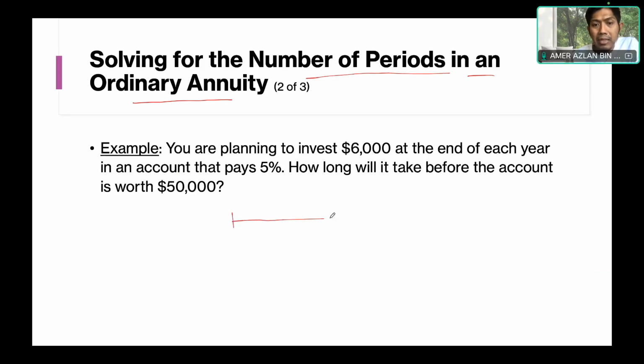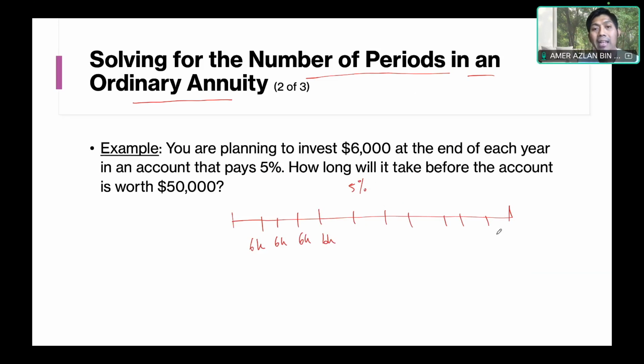So if you draw a timeline, okay, you plan to invest 6,000, 6,000, 6,000, 6,000 consistently at the end of every year in a savings account that pays a return around 5%.